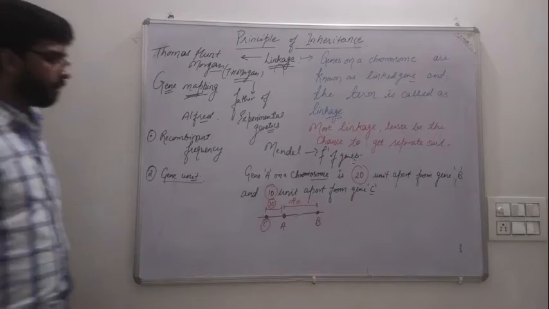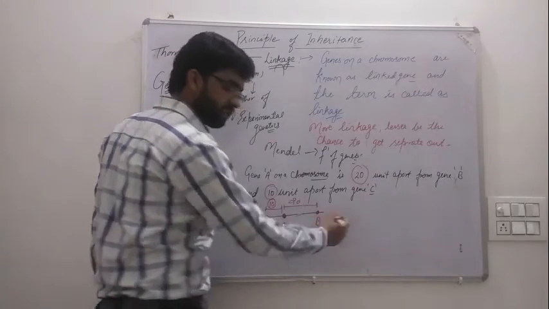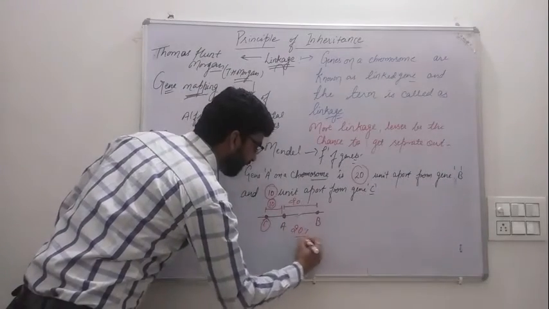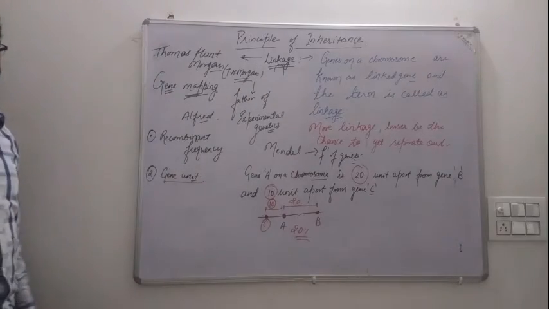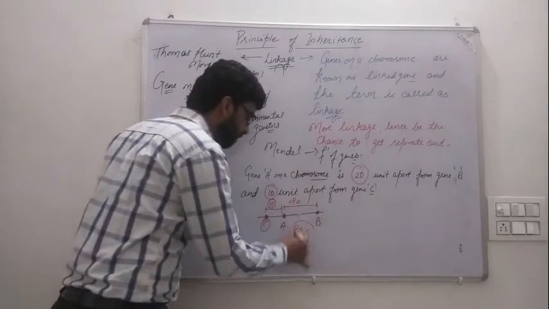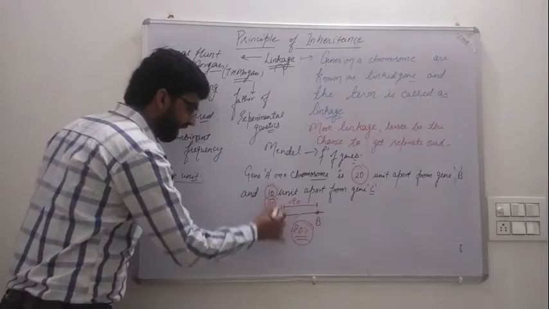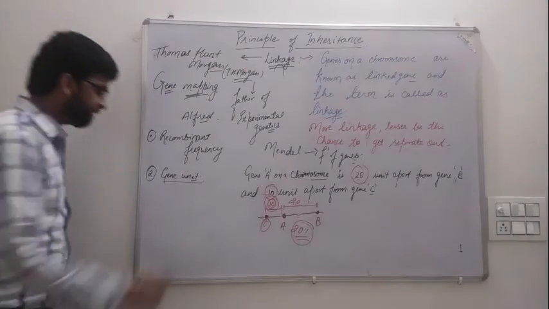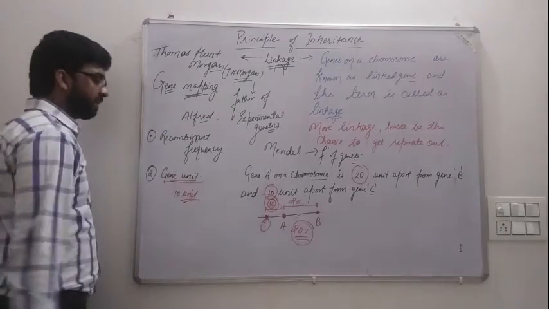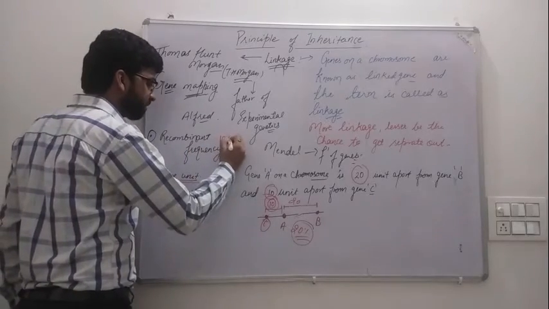The distance between gene A and gene B is 20%, that is the recombinant frequency. The recombinant frequency between gene A and gene B is 20%, and between gene A and gene C it is 10%, which means that if gene A is 10 units apart, the recombinant frequency is 10%.